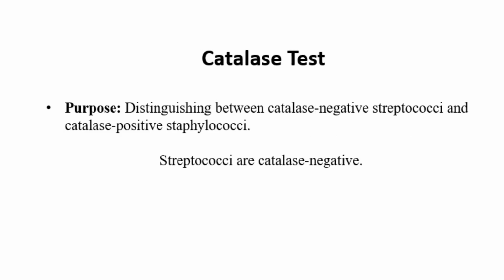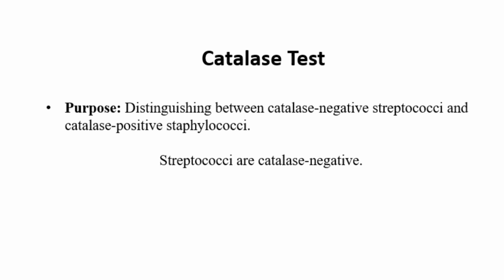In this slide, we will discuss the catalase test. The purpose of the catalase test is distinguishing between catalase negative streptococci and catalase positive staphylococci. So, what is catalase negative?